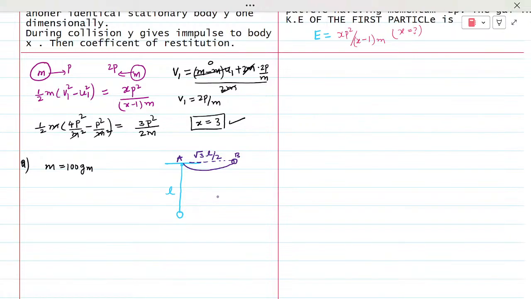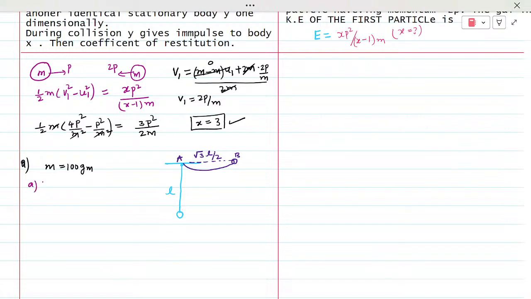This is the given data. Released means it will oscillate about this point; depending on its velocity it could rotate, but it will only oscillate, no doubt at all. Now the condition is given and the question is asked.